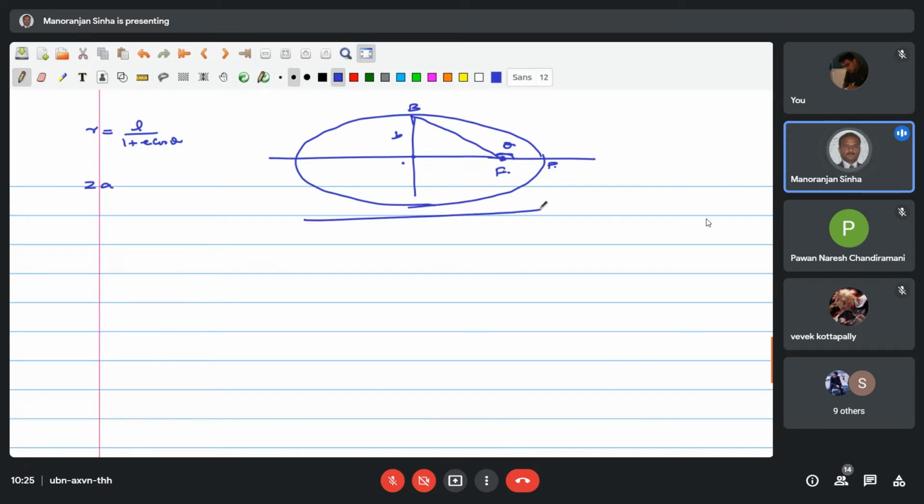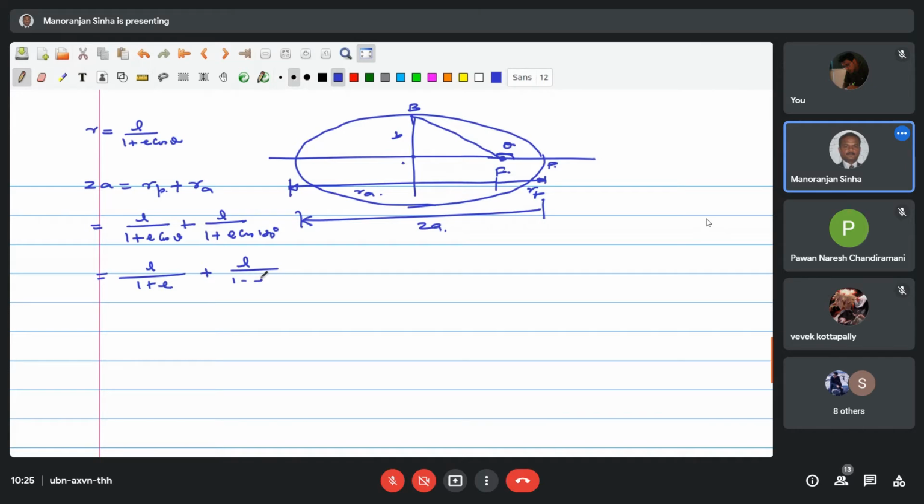To get the quantity from this place to this place, this will be r perigee plus r apogee, where r perigee is this distance, and from here to here this distance is r apogee. This is 2a, and r perigee we can write as L by 1 plus e cos 0, and r apogee as L by 1 plus e cos theta, where theta becomes 180 degrees. This quantity is 2a.